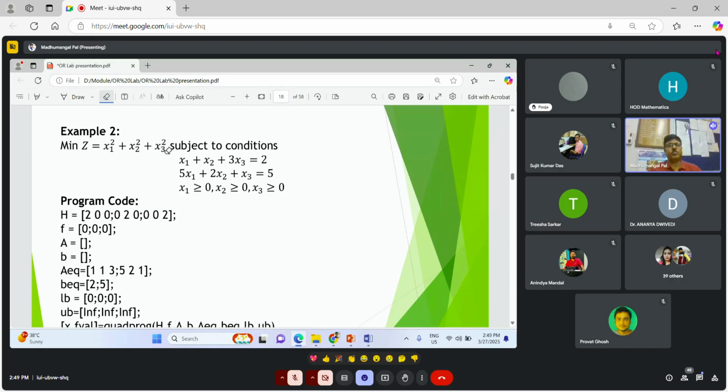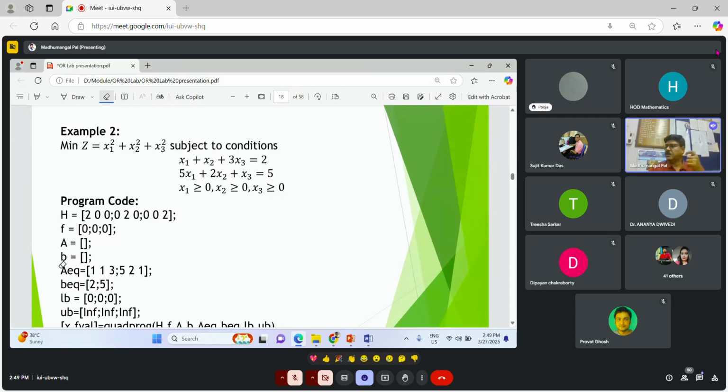Then the coefficient of each square term will be 2, 2 and 2. So H is a diagonal matrix with elements 2, 2, 2. And there is no linear term, so the f vector is 0 0 0.